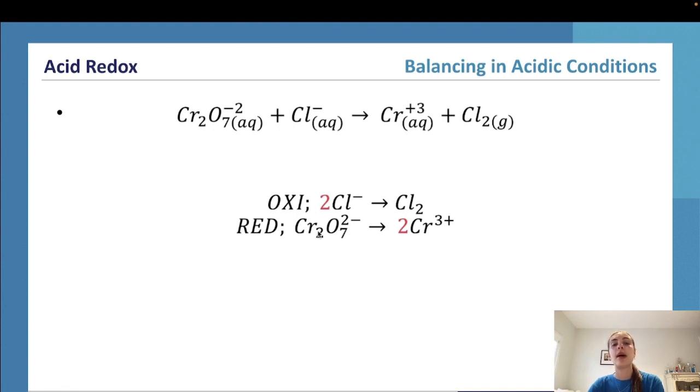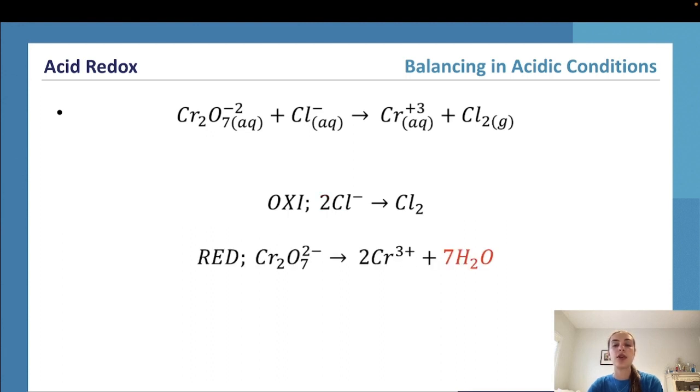Then in our reduction reaction, we need to balance for the chromium first. We've got 2 chromiums on this side, but only 1 on this side, so we need to put 2 in front of this here. Now our reduction reaction is balanced for all elements other than oxygen and hydrogen.